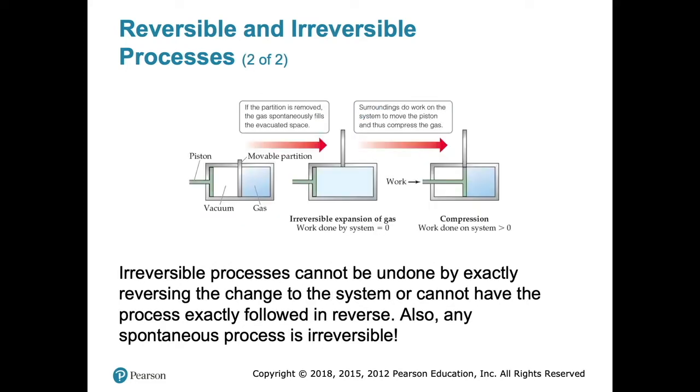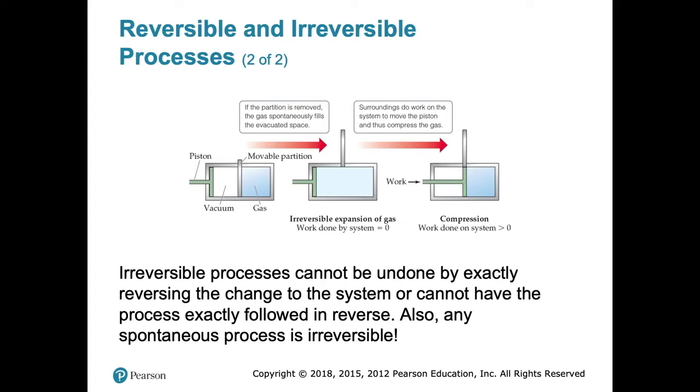So to continue on, we have a vacuum here, and we have gas. And the movable partition here. I guess this is like a car engine or maybe a two-stroke motor or something like that. If the partition is removed, the gas spontaneously fills the evacuated space.